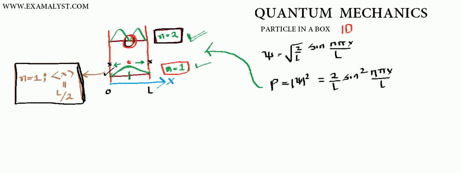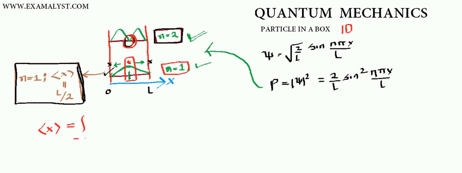Now I wanted to show mathematically that for n equals to 1, the fact that most of the time the electron spends at the center of the box is true. So let us see mathematically. What do you remember of the expectation value of x? What was the mathematical definition of expectation value of x? You need to integrate from where to where.